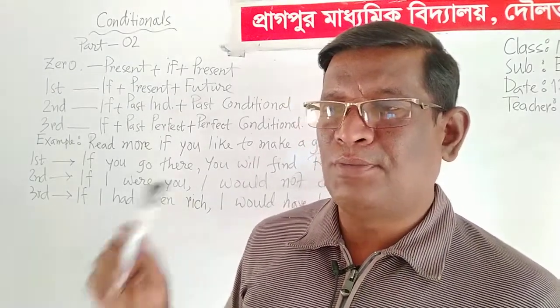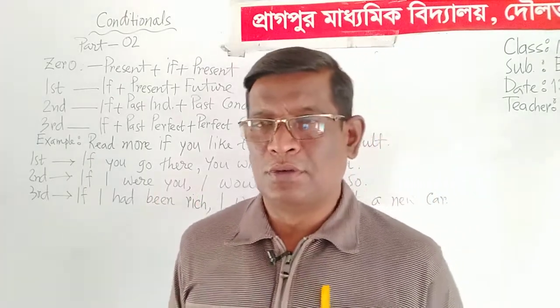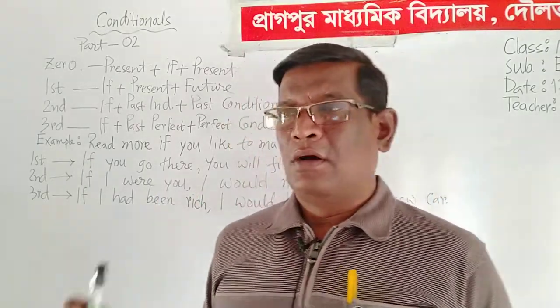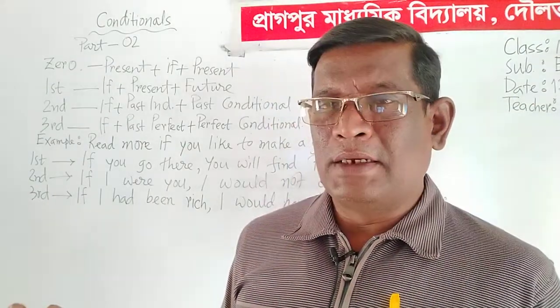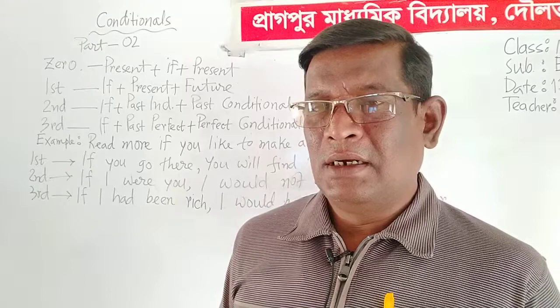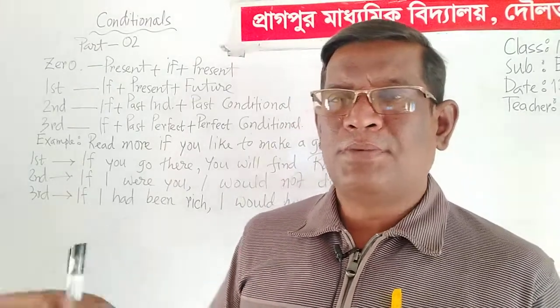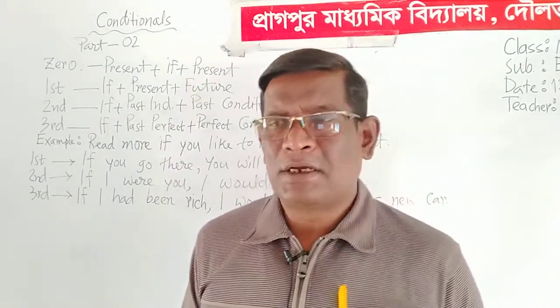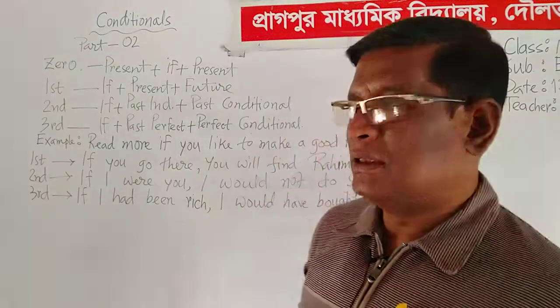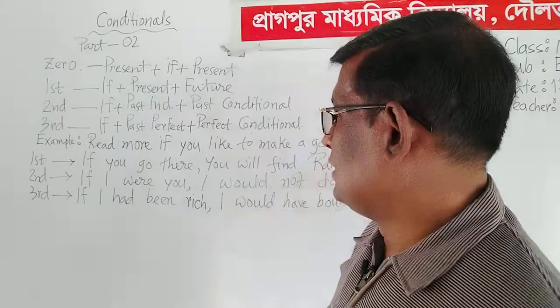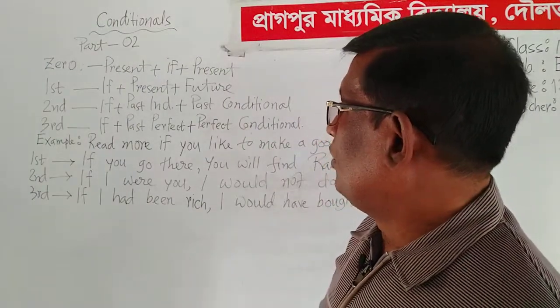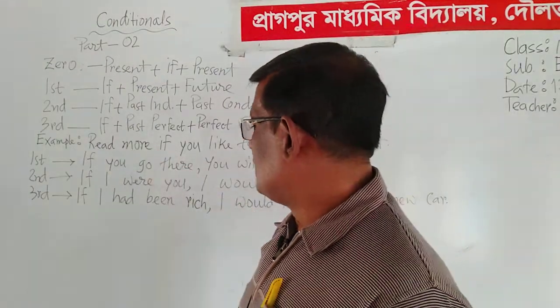The verb must be in the past participle form. You have to use a modal auxiliary such as would, could, might, whatever is needed, and the main verb must be in the past participle, and after that you will use the object or extension, whatever is needed. Now I am going to give an example here.